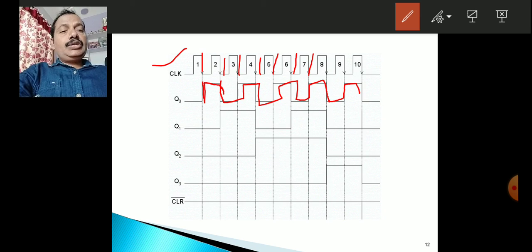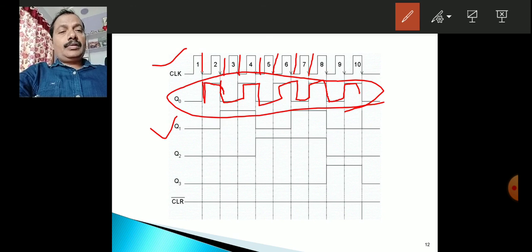Similarly, this Q0 is the clock for the Q1 flip-flop.